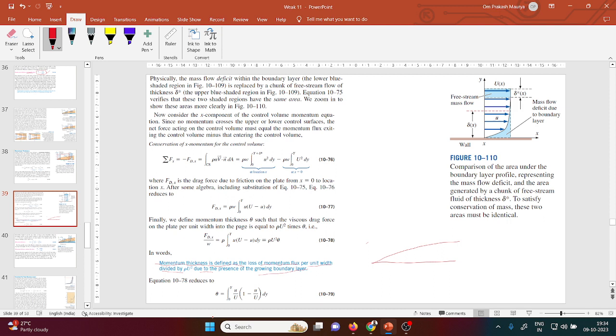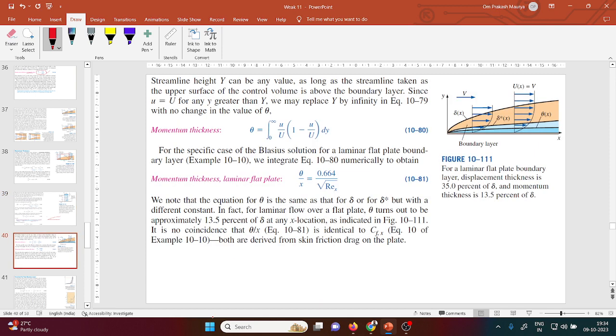It is per unit width and divided by rho u square because momentum thickness has the unit of length. But the physical meaning is how much momentum flux is lost due to the boundary layer formation or boundary layer growth. That is the whole idea, and the equation is like that.